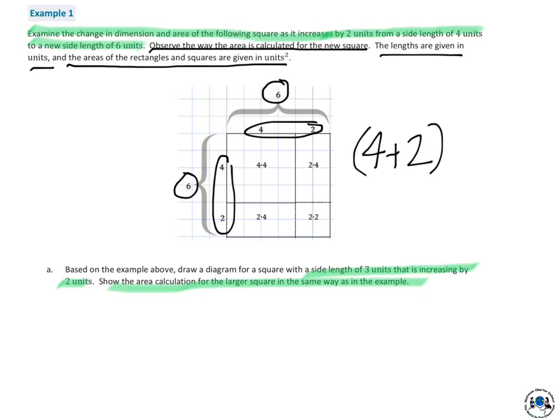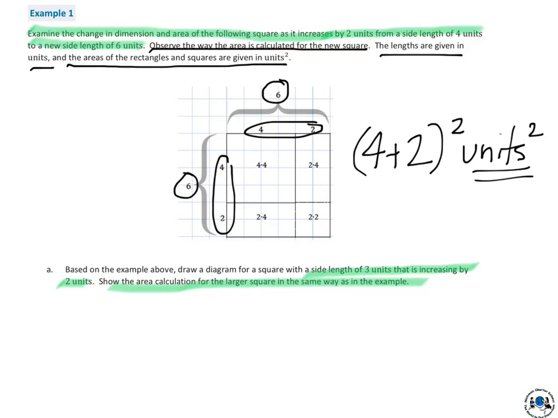So 4 plus 2 in parentheses squared, and that would be in units squared.